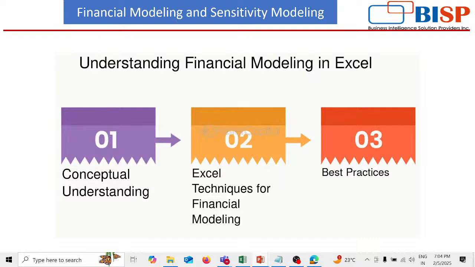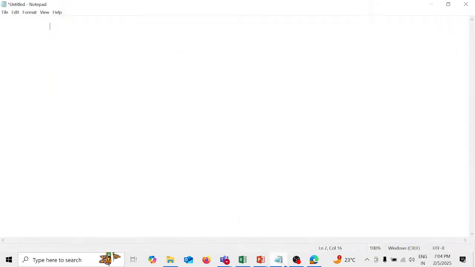So to explain this, let me tell you one example so that the concept behind financial modeling as well as sensitivity modeling becomes a little clear. Let's suppose Emma sells handmade scented candles.